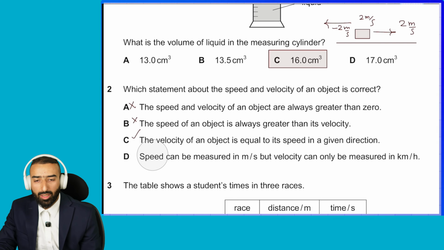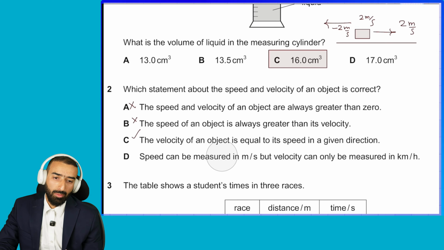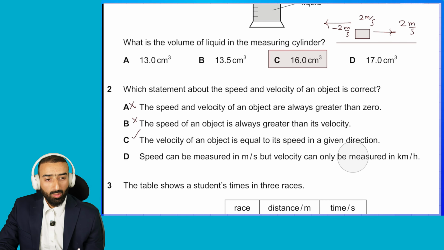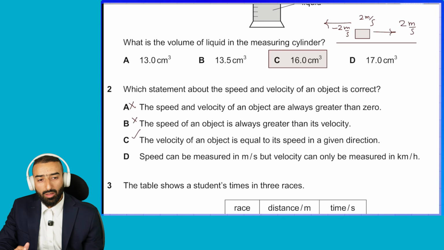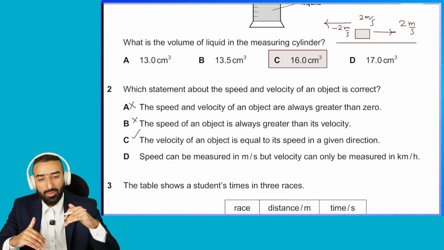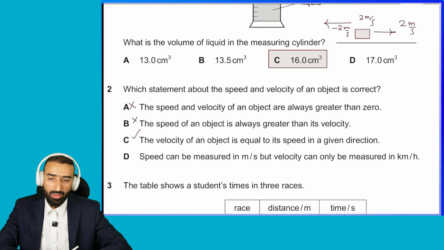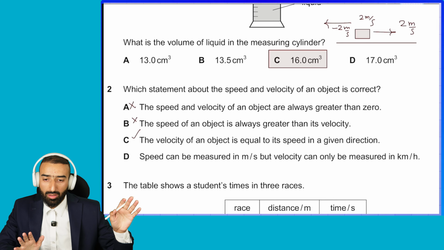Let's also have a look at option D. Speed can be measured in meters per second, which is true, but velocity can only be measured in kilometers per hour. No, that's false. Speed and velocity can both be measured in meters per second and kilometers per hour. Alright, so we're done with question 2. Let's move on to the third question.